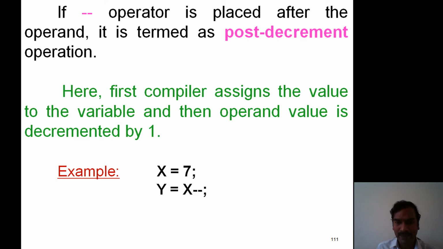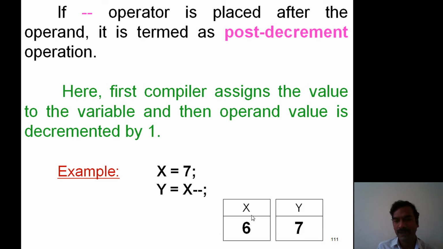And then the operand value is decremented by 1. Here this operator is applied on x. Hence it becomes x = x - 1. Now x = 7 - 1, 6. Now x value is 6 and y value is 7. Now this one. X value 6, y value 7.